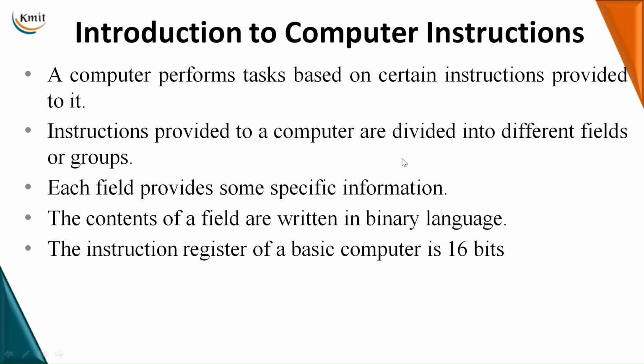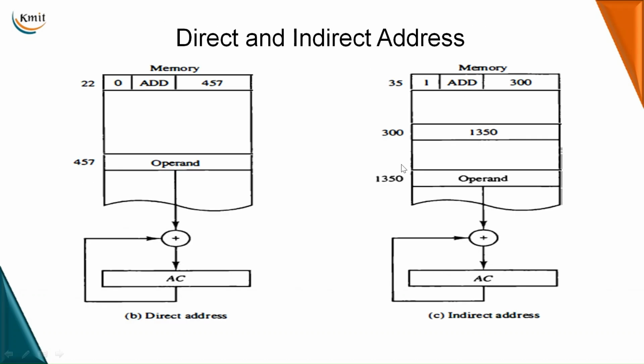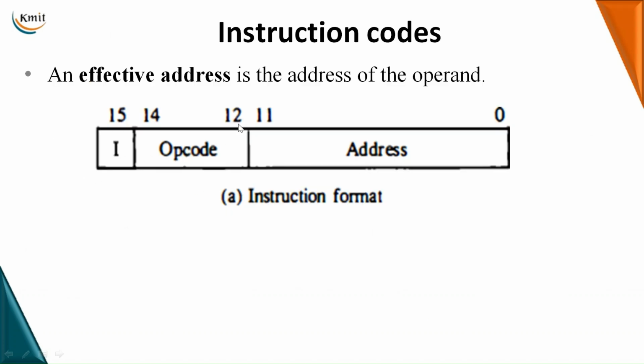If you see the diagram here, the opcode is bits 12 to 14. Whenever the control unit takes this 3-bit opcode, it is given as an input to a decoder, so that the decoder decodes this binary opcode and finds out the type of operation that has to be performed.